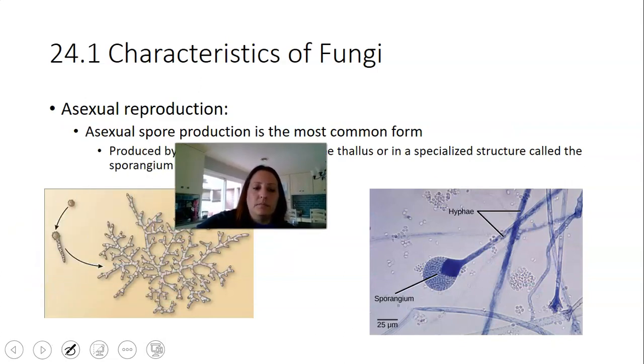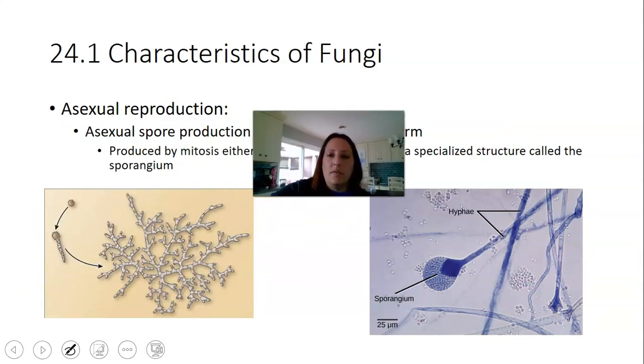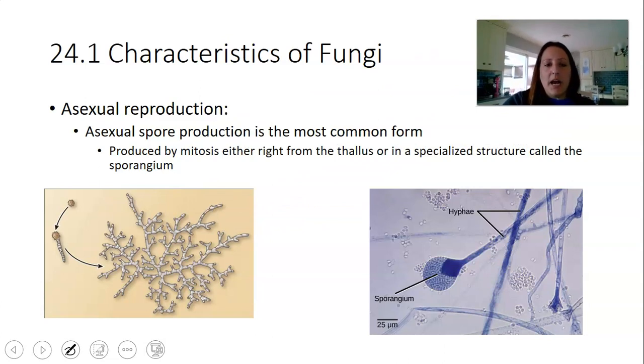Let's look at spore formation. This is the most common form of asexual reproduction. Even organisms that can reproduce sexually often have asexual parts of their life cycle where spores are produced in this way.